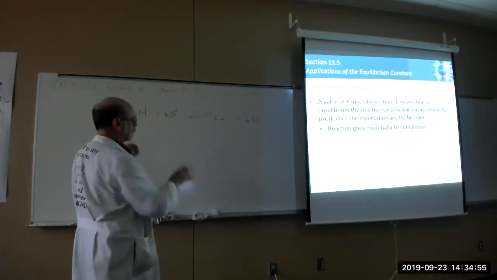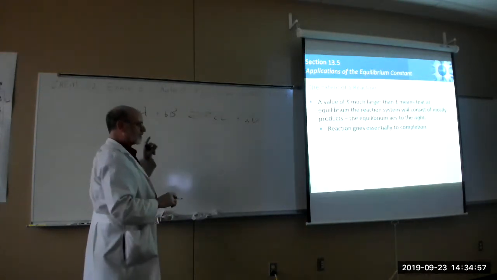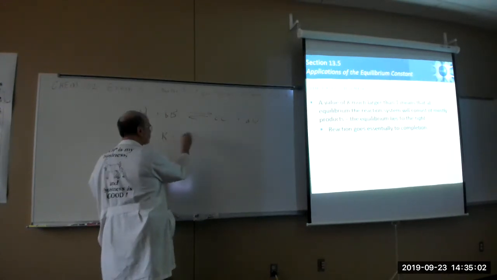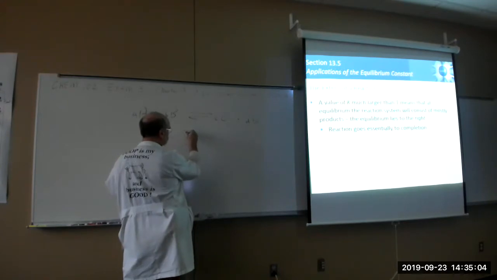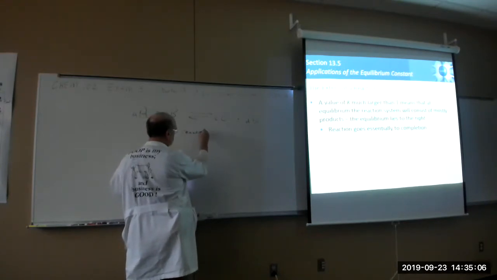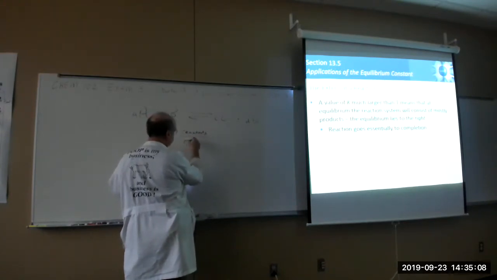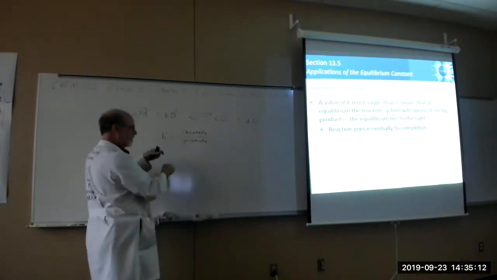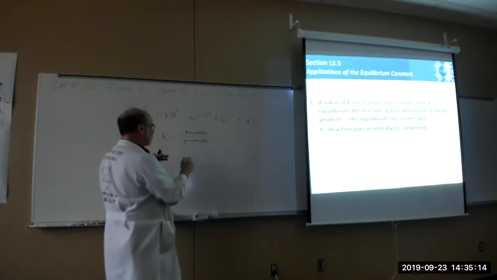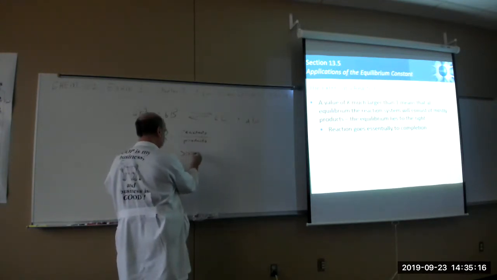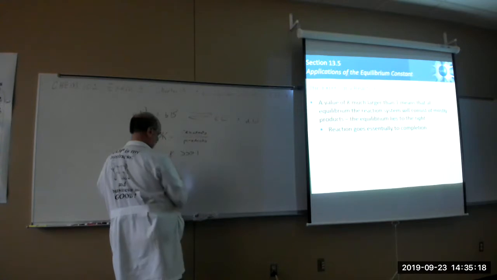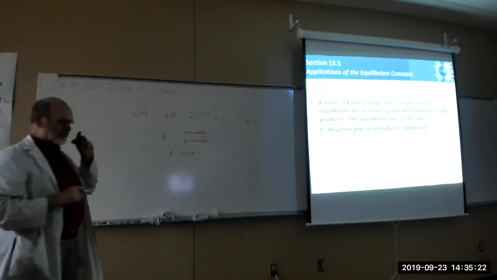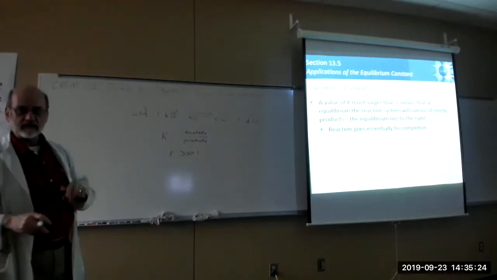Concentrations of reactants versus products. Think about the K. What does K mean? Well, it's got reactants over products, right? In some form or fashion. So if the value is extremely large, if K is a lot larger than 1, does it favor reactants or products?